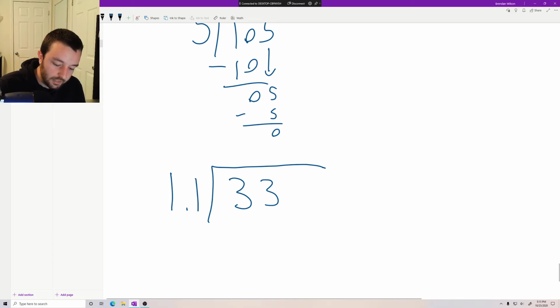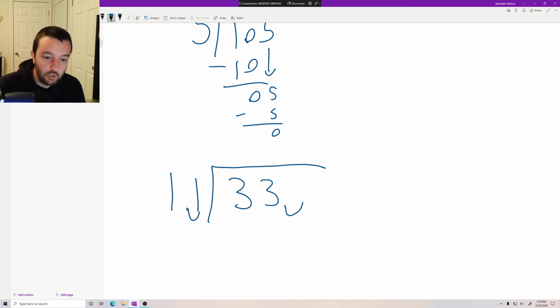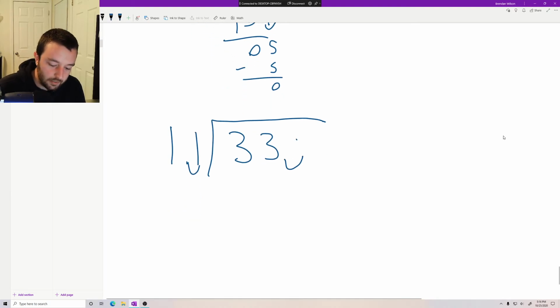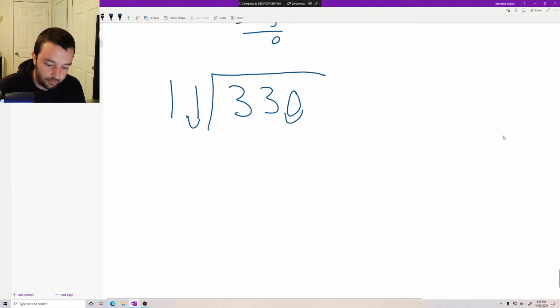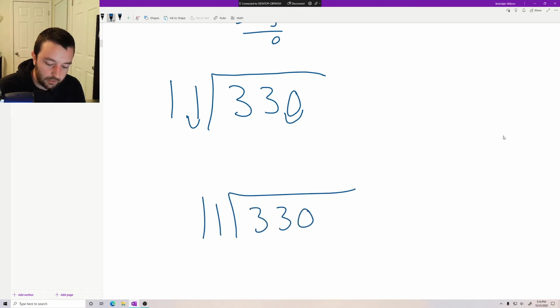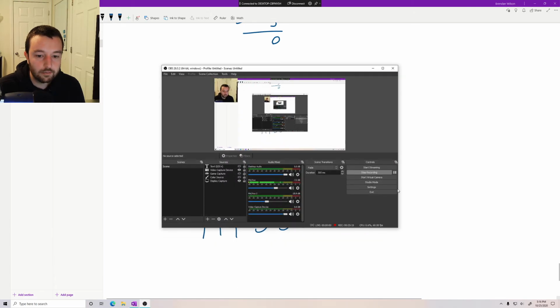move the decimal until you have whole numbers, which here we'd have to put a 0 in here. So we'd have 11 going into 330. Because remember, you can put as many zeros as you want here. So you just move the decimal over and go ahead and do it like that.